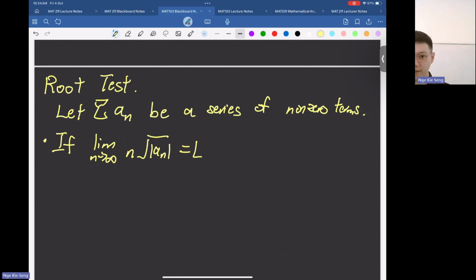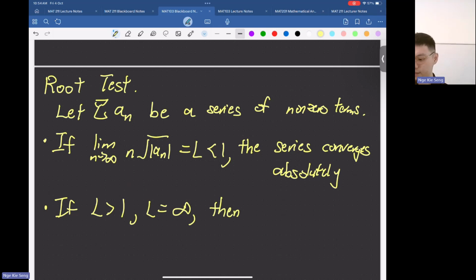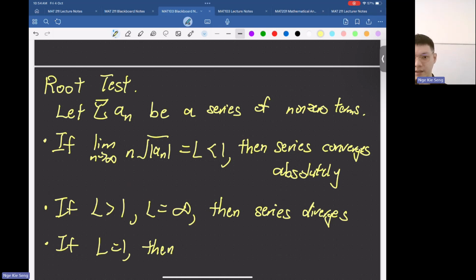If this L is less than 1, what do you predict the series will do? Converges absolutely. And if this L is greater than 1 or equal to infinity, what happened? Similar to the ratio test, the series will diverge. And if this L is 1, then the test is inconclusive.